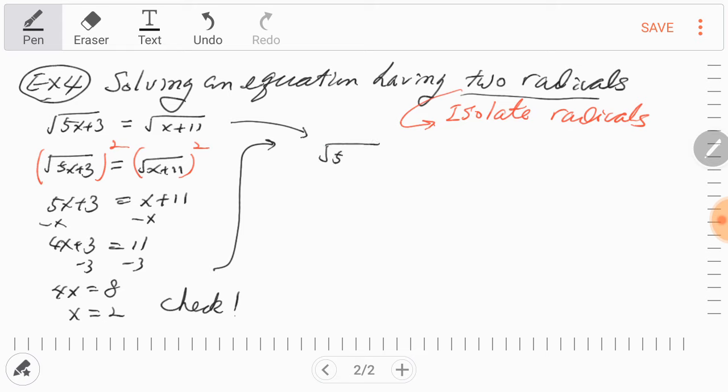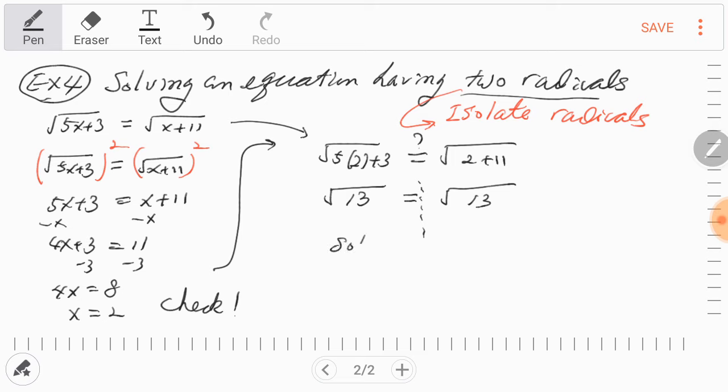So is the square root of 5 times 2 plus 3 equal to square root of 2 plus 11? The left side is square root of 10 plus 3, which is 13. The right side is also 13. So square root of 13 is square root of 13. That is true. So the solution of this equation is x equals 2.